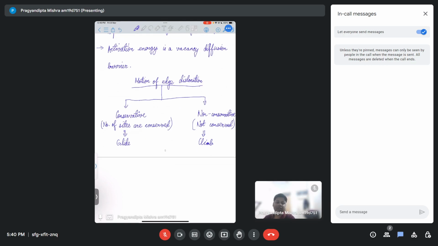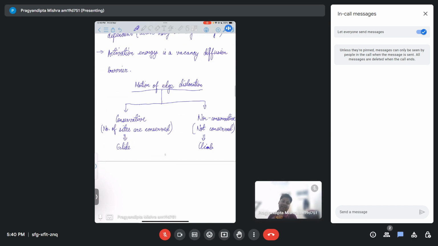So this is about how dislocation can move out of the plane. Now there is some sort of resistance present for the dislocation to move in this way. When a dislocation is moving, it is not always moving along a straight line.